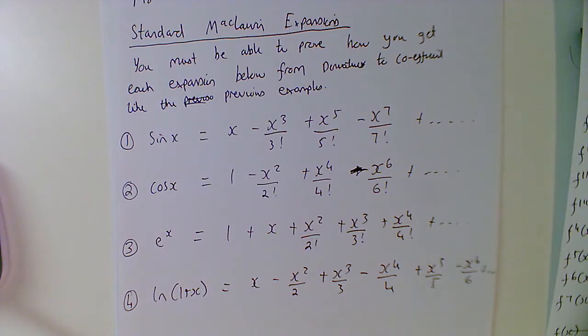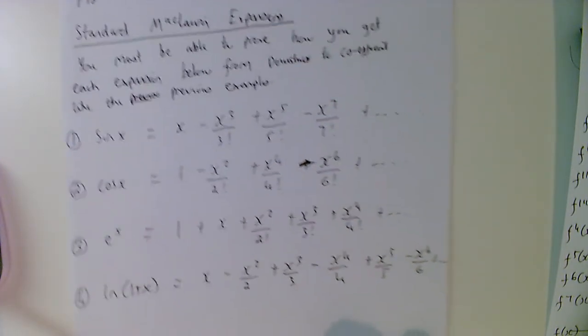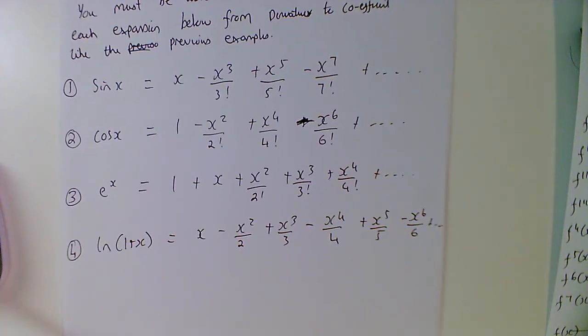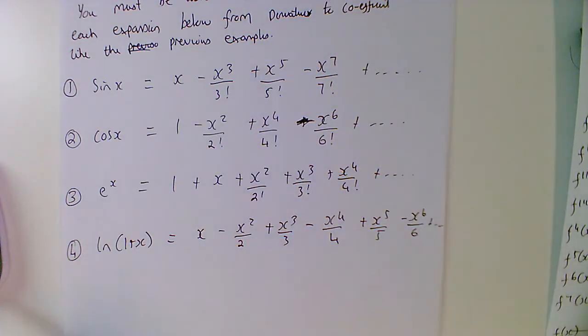So hopefully you can see that it's got every term in it apart from 1, and there's no factorials on the bottom, because the factorials are cancelled out by the terms we get on the top when we find the coefficients of the derivatives. So you must be able to prove, like we did in example 1 and 2, how you get each of those.